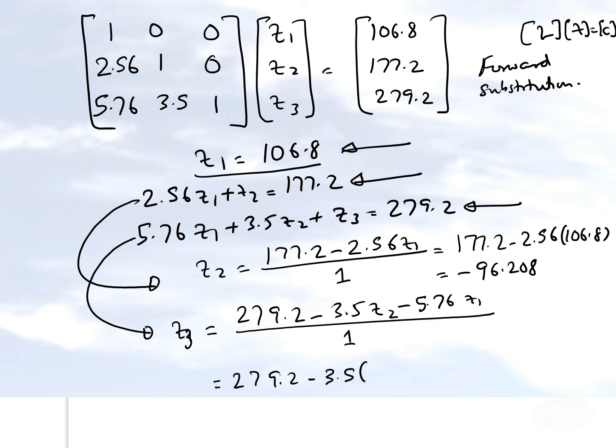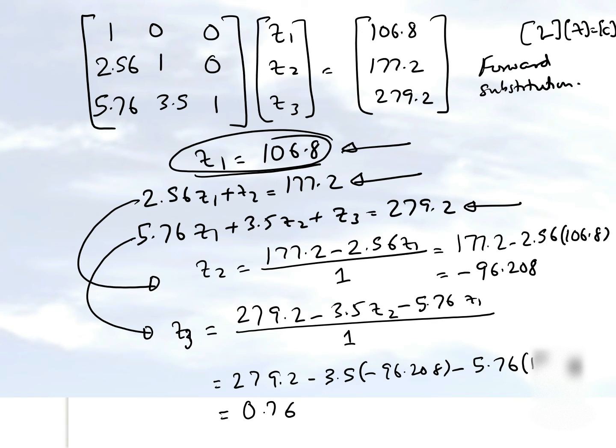So we substitute the values of Z2 now, which we just found out, and we substitute the value of Z1, which we found out from the first equation, and this number here turns out to be equal to 0.76. So what we have found out is Z1 here, we found Z2 right here, and we found Z3 here, and this is what we're going to be using in the back substitution part.